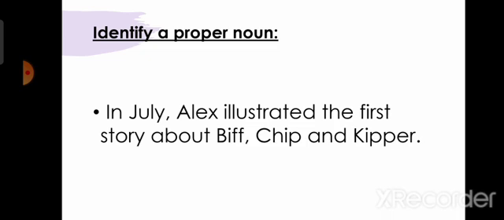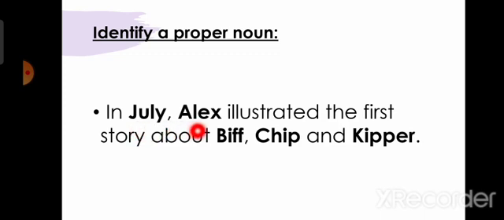From this sentence, you have to identify the proper nouns. Yes, hurry up. I know all of you can find out the proper nouns. It's very easy for you. We have done it many times in the class. That's great.